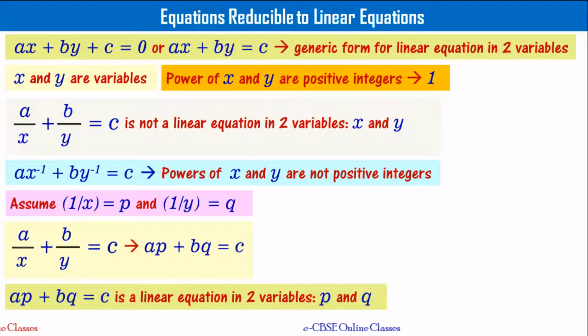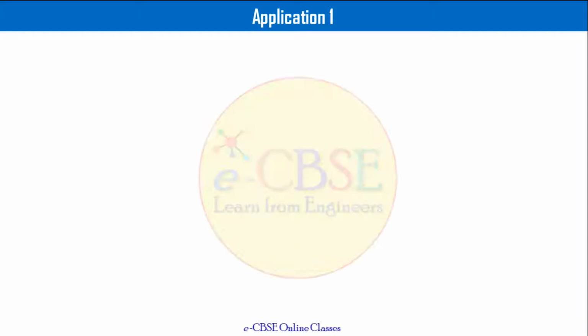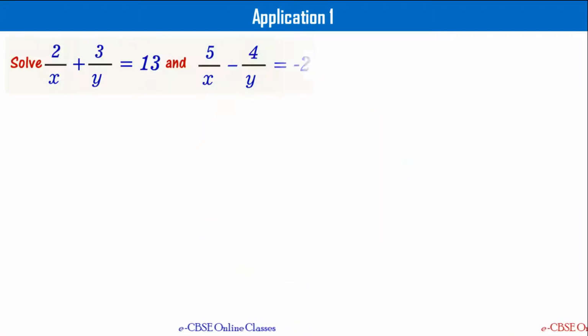This idea is going to help us to make use of the methods we learned for solving pair of linear equations in two variables to solve certain equations which are not linear equations in two variables. That is the idea. Please take a note of that. Let's take a look at an application problem based on this idea.